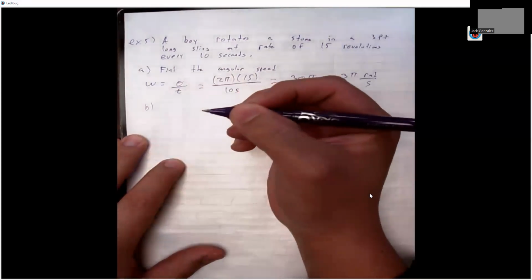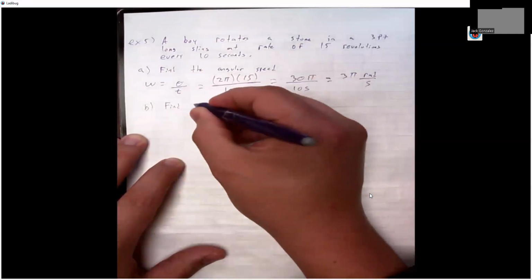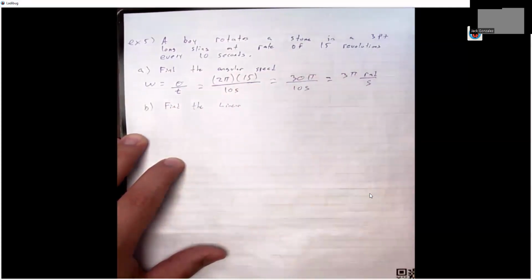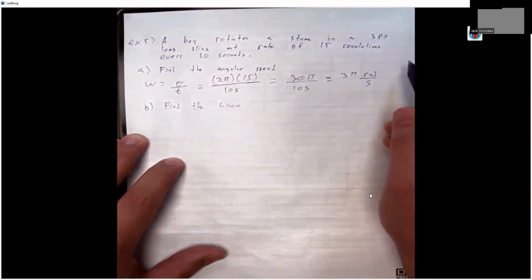Part B. I know this is not physics, so we're not going to go too deep into it, but I do want you to at least understand or remember what that means. On the angular speed, for part A, it's 3 pi radians per second. You could say 3 pi per second, but I put radians per second so it makes a little more sense.